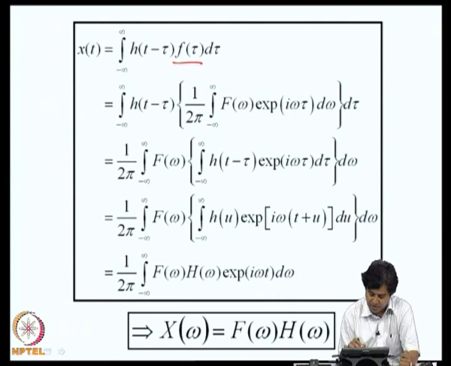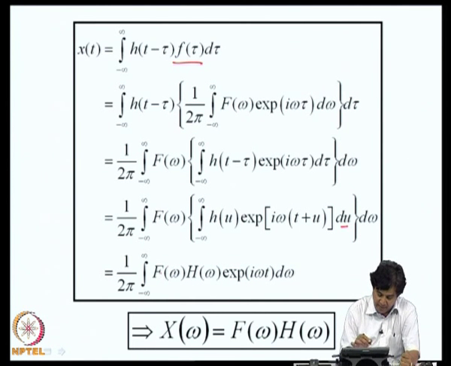I will make a substitution, t minus tau is u, and there will be consequent changes here, and this e to the power i omega t will come outside because this integral is with respect to u. If you look at that, what remains inside the brace is nothing but the Fourier transform of h of t. This is the Fourier transform of the impulse response function, H of omega.